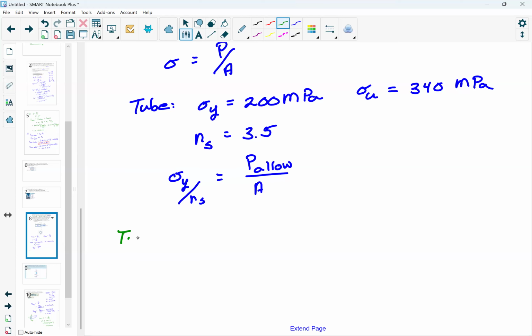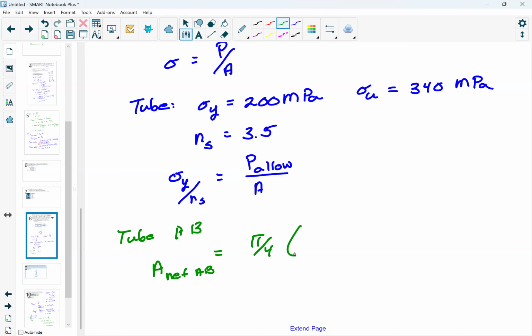So we'll start with tube AB. All right, and so the area, let's just pull that pi over 4 out.